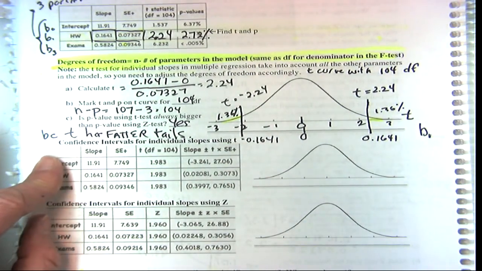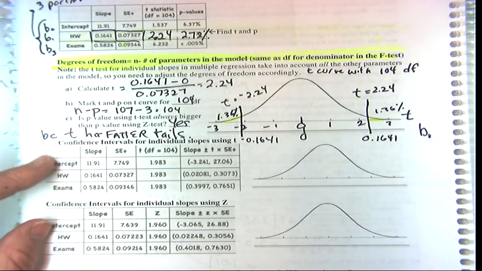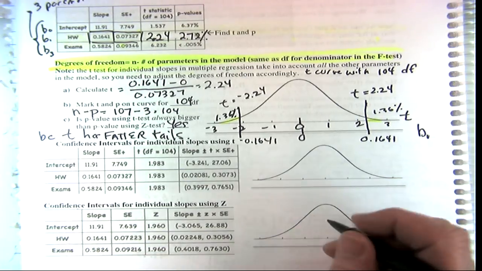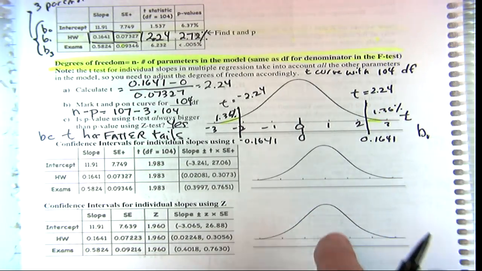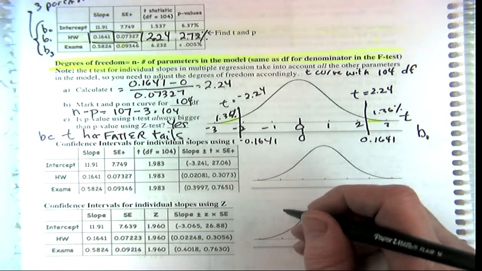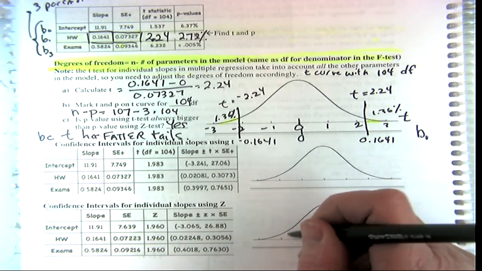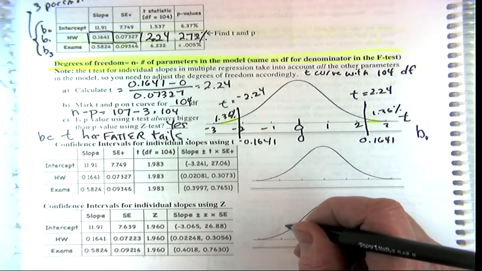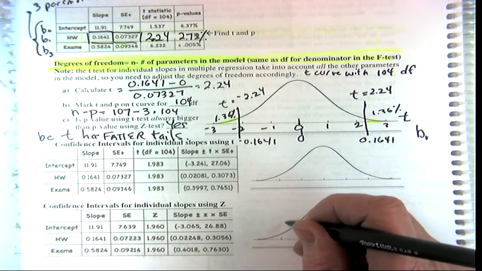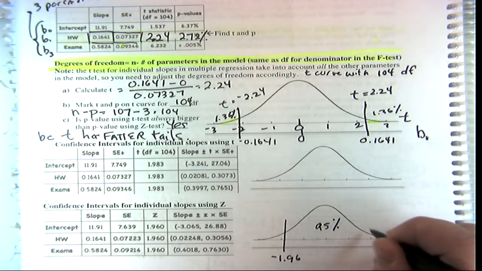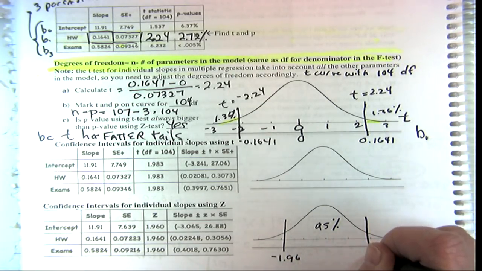All right? These are 95% confidence intervals. Should we just start with the z? With the z, we know that the middle 95% is going to be between 2 and -2, approximately, but it's really closer to -1.96 and 1.96.